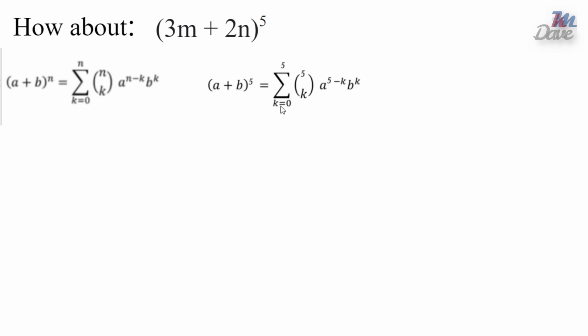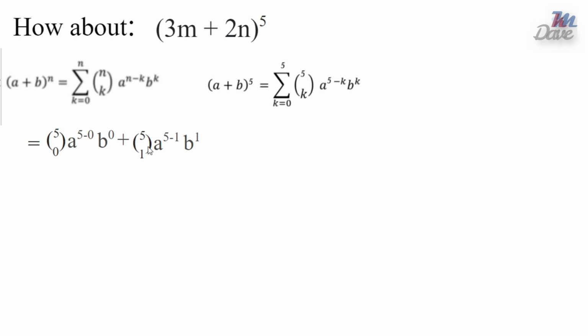At yung k naman, like what I said before, ay equals to 0 up to n, which means from 0 to the number of exponent. Like here, 5 choose 0 times a to the 5th minus 0 power times b to the 0 power. Then add the next until you reach the number of exponent, which is 5.